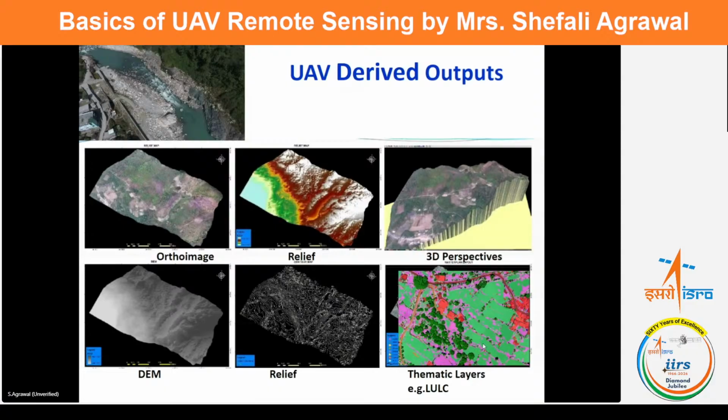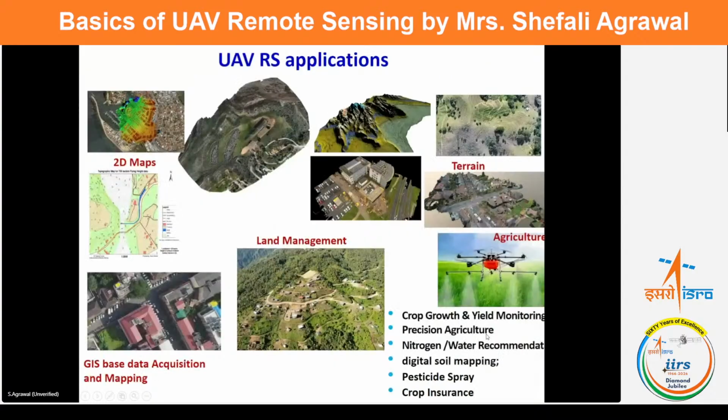We can do thermal anomaly detection in terms of energy. For a built-up area, we can create complete 3D scenarios. Or we can detect stress in the vegetation. We can do volume calculations and change detection. So any kind of analysis, we can extract information from the data once the data is pre-processed and an orthomosaic is created that is ready for further extraction of information.